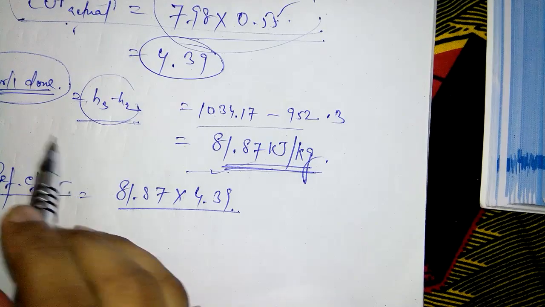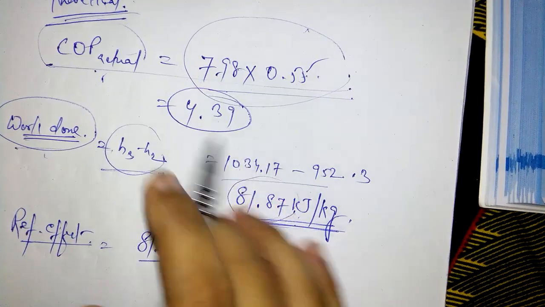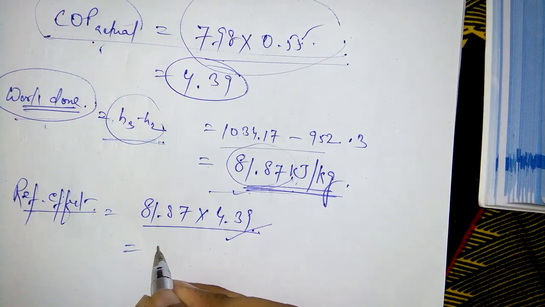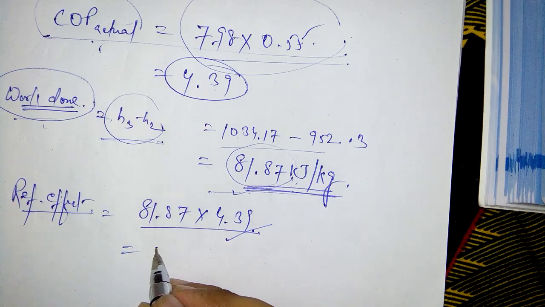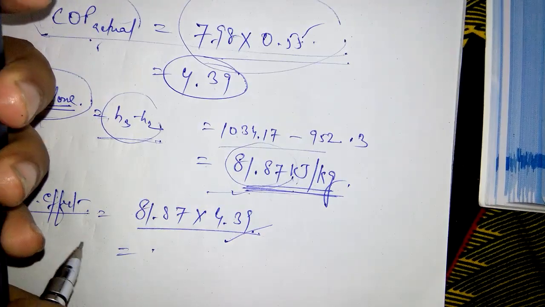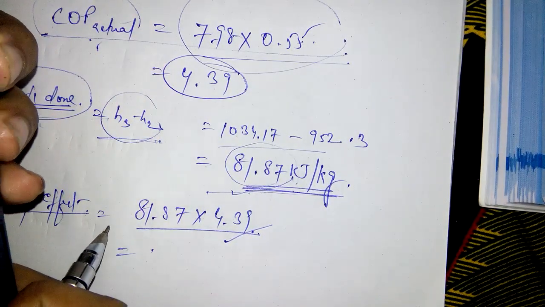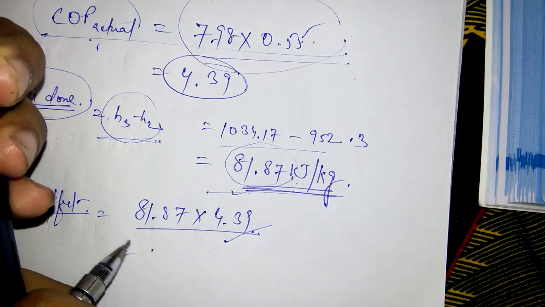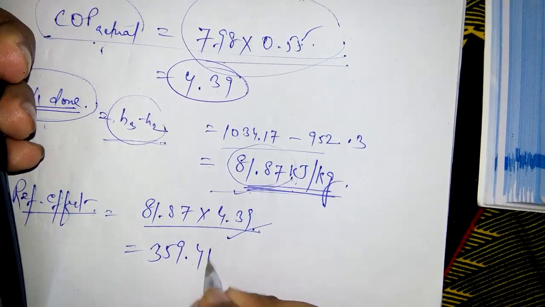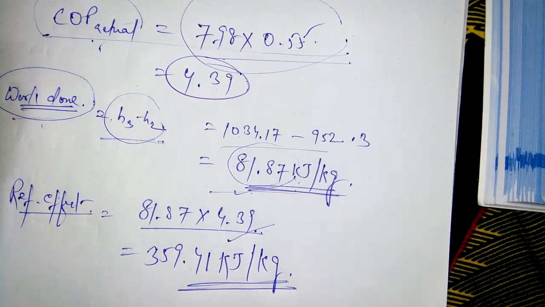I need to multiply with the actual COP, not the theoretical one. So 81.87 multiplied by 4.39 is 359.41 kilojoule per kg.